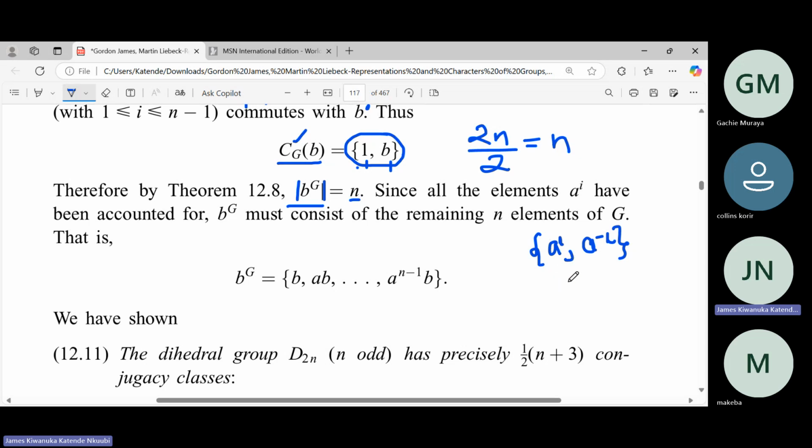In total, if you put all the conjugacy classes together, you'll end up with the n remaining elements, which must be the elements in this other conjugacy class. Because they are disjoint, and you can't get any elements from outside the group, the only other option you have are these remaining elements. So the conjugacy class of B consists of these remaining elements that are not powers of A.